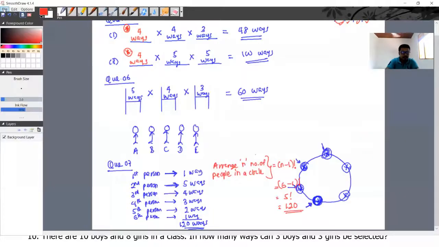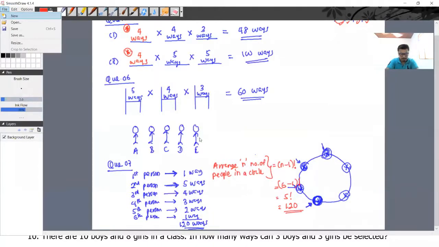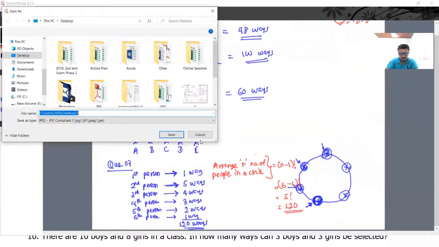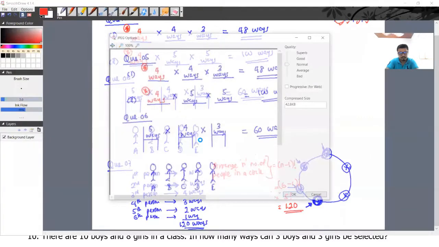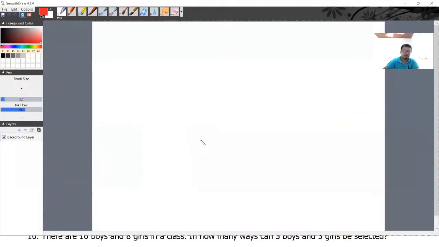Example number 8. The letters of the word being arranged means what?